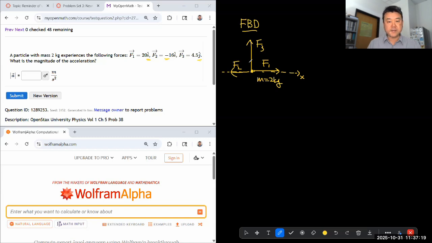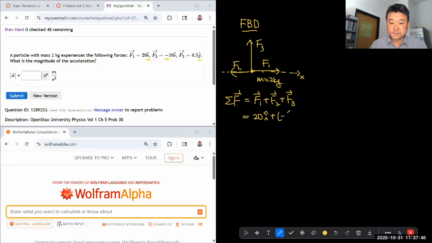I think I understand. I can calculate net force easily enough. Net force is equal to these forces as vectors, and you could just substitute these in and do the algebra. So F1 as a vector is 20, presumably newtons, I hat, plus F2 as a vector is minus 16, presumably newtons, I hat, plus F3 as a vector is 4.5 newtons, J hat.